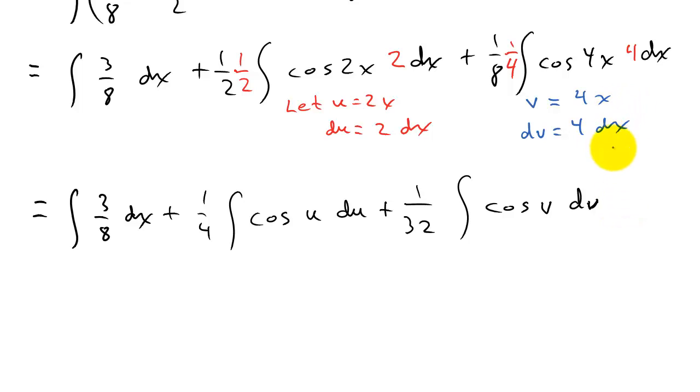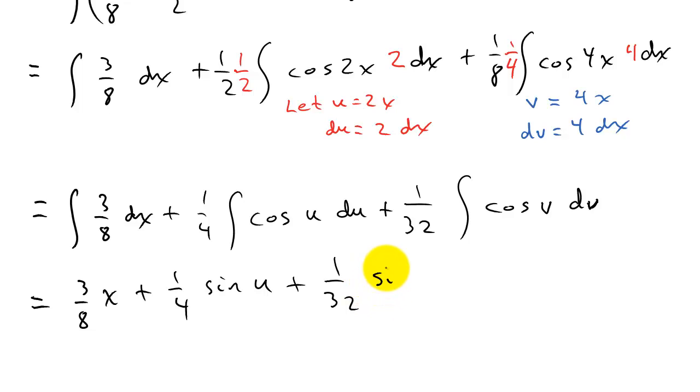So I put a v in for 4x and the dv in for 4 dx, and now I can integrate it. So this is just 3/8 x plus 1/4, and the antiderivative of cosine is sine, so that's sine u plus 1/32 sine v, plus c.